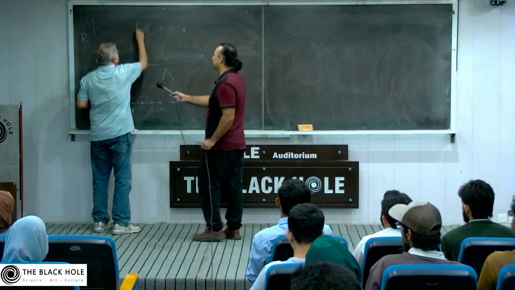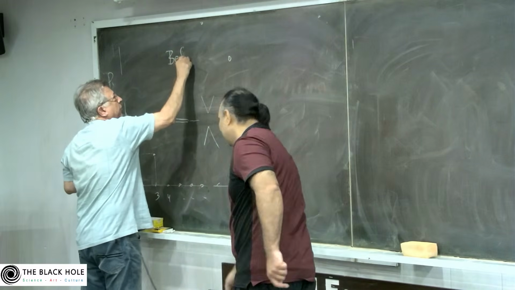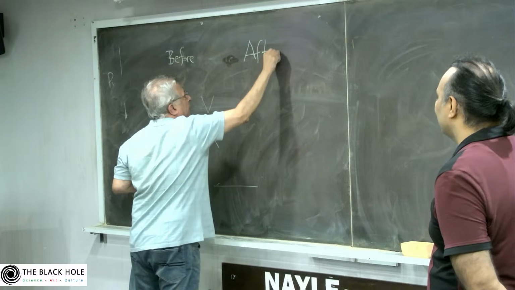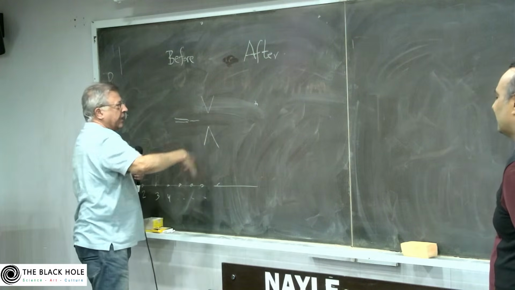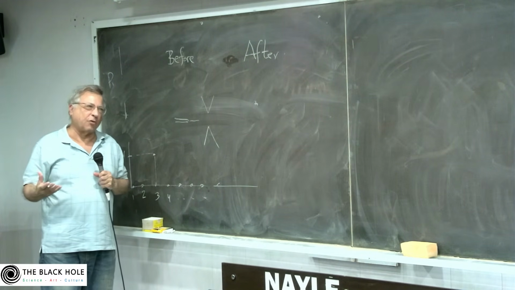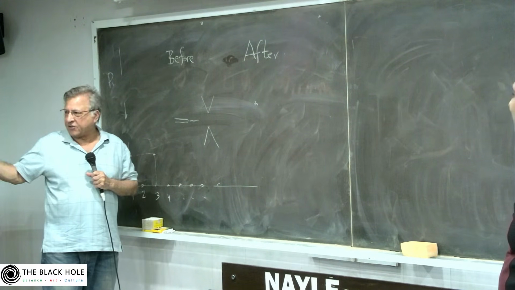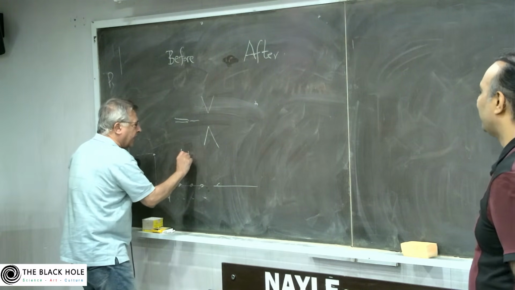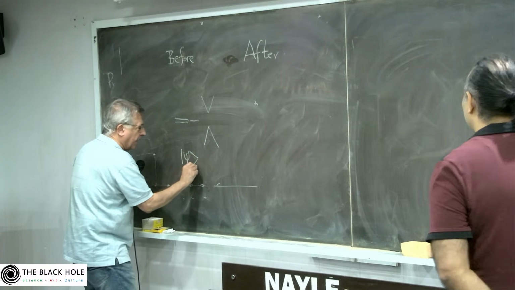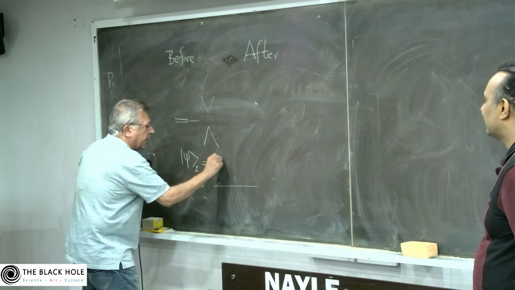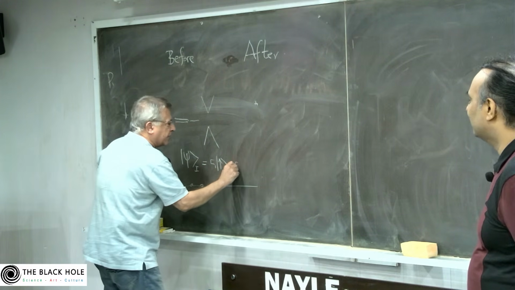So let's look at before and after. This apparatus actually acts as an evolution operator, e to the minus iHt. The initial state, psi initial, was some mixture of an up state and a down state.